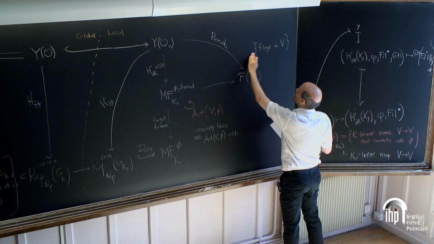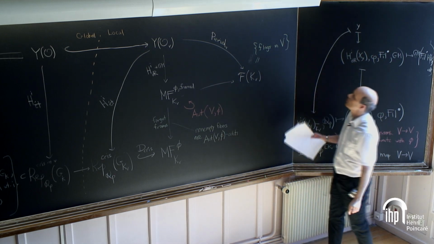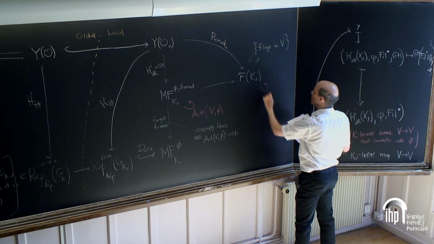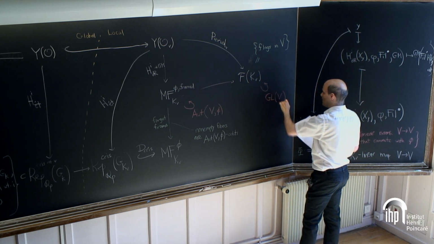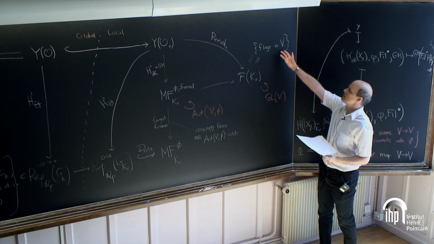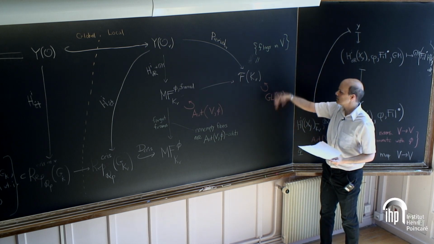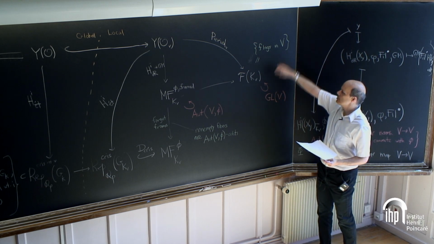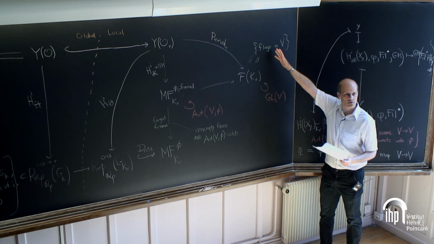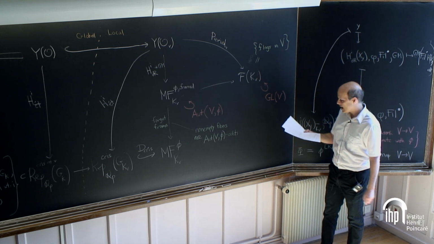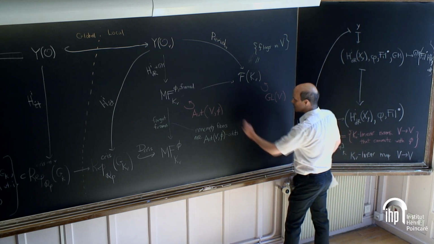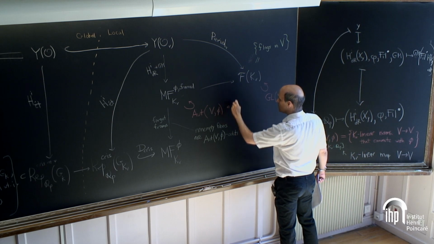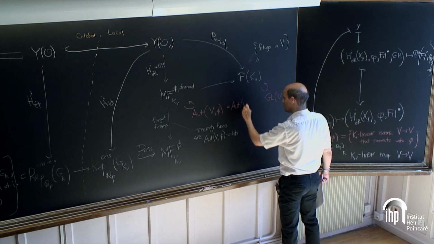There's also an action here of the group GL(V). These are just flags of KV-subspaces of this KV vector space, so an automorphism of the vector space can be used to move all the subspaces around. So you have that action, and there's something in between: if something commutes with phi, it also commutes with any power of phi, and therefore this is contained in here.